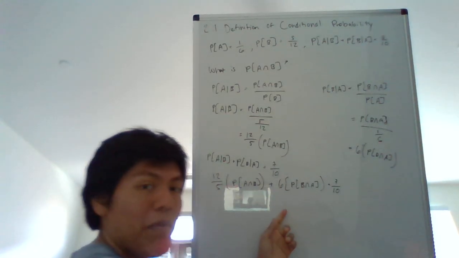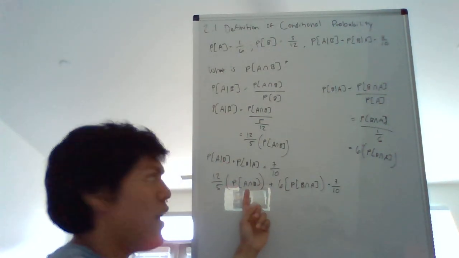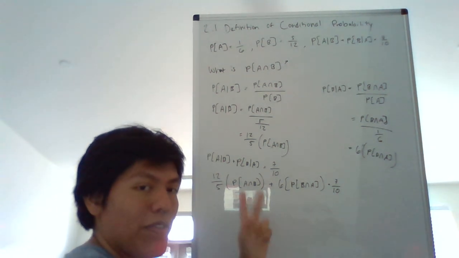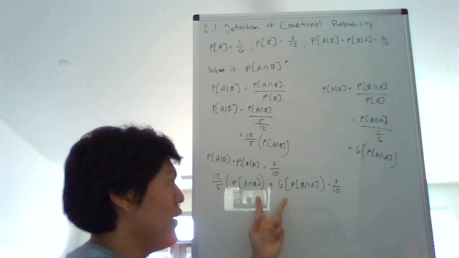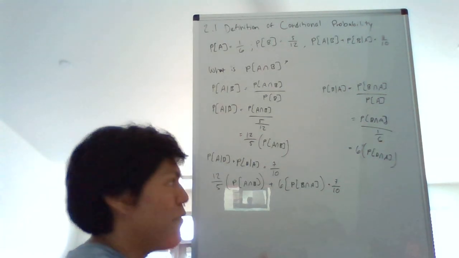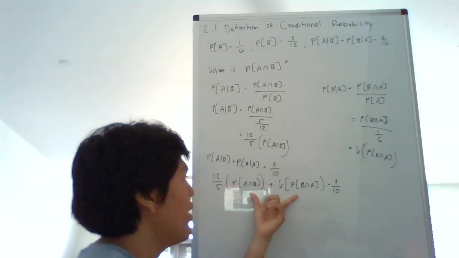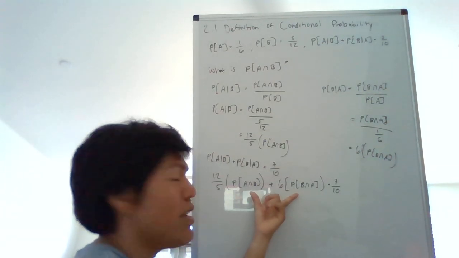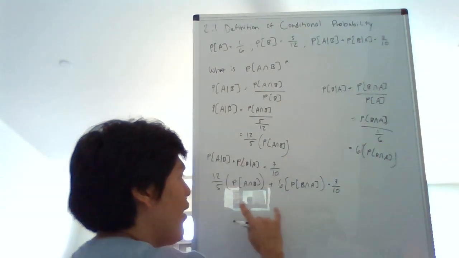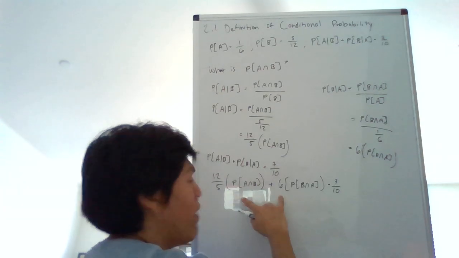Now, remember that A intersect B and B intersect A are the same thing, they're just flipped. But it's still the same expression. So with that information, we can combine these two probability expressions into one, multiplied by both 12 over 5 and 6.